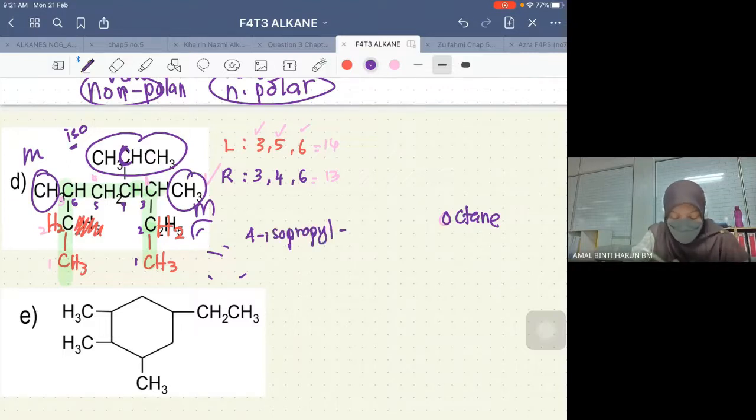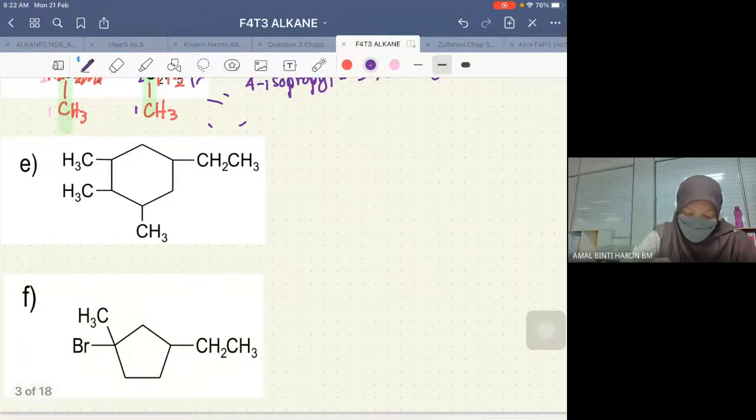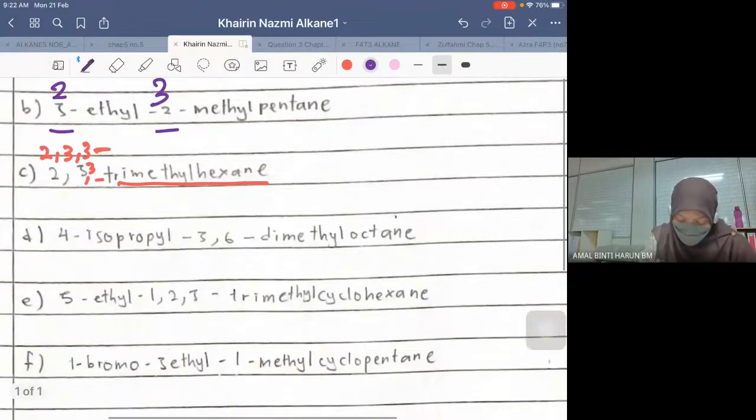Okay, next adalah ada methyl dekat carbon number 3 and 6. 3, 6. Okay, dimethyl octane. The 6 dimethyl octane.